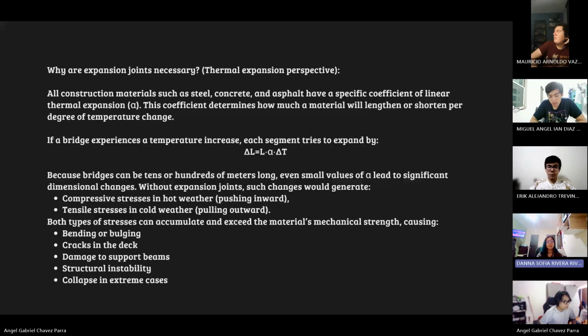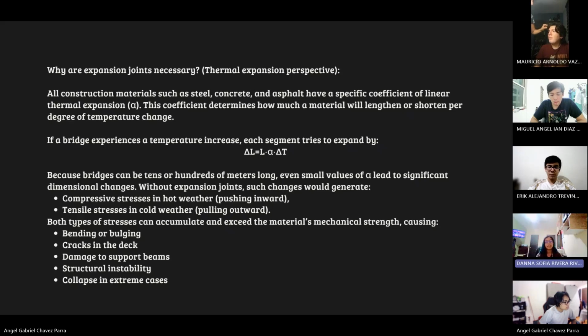Why are expansion joints necessary? Thermal perspective. All construction materials such as steel, concrete, and asphalt have a specific coefficient of linear thermal expansion. This coefficient determines how much a material will lengthen or shorten per degree of temperature.